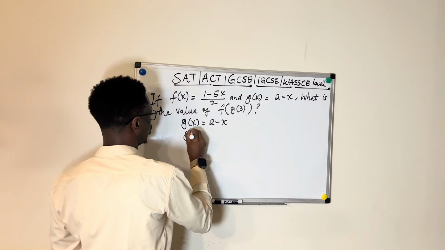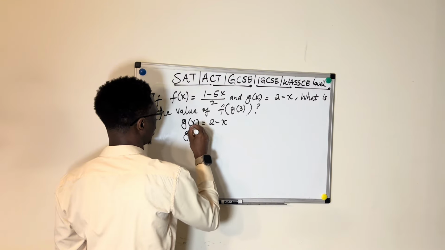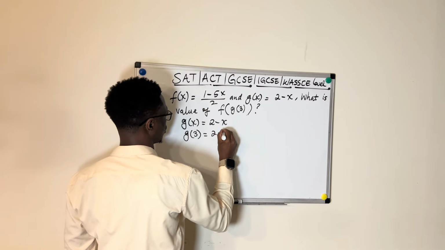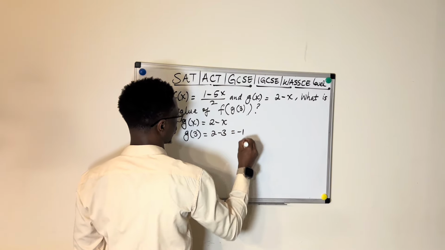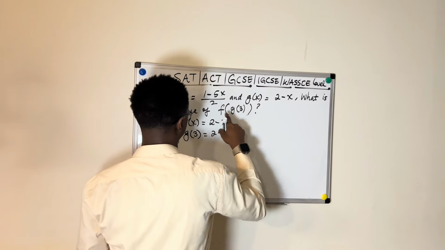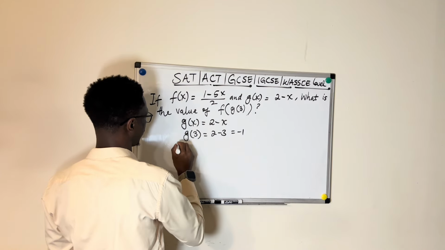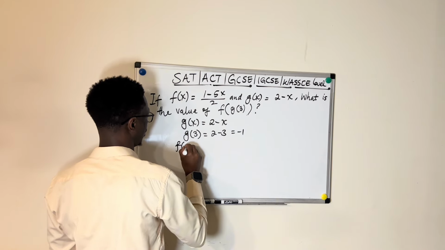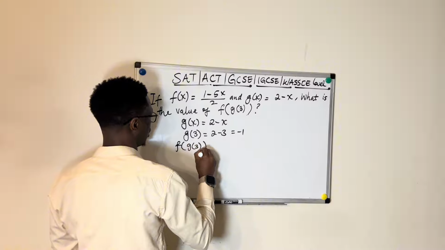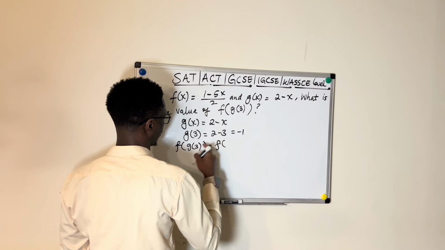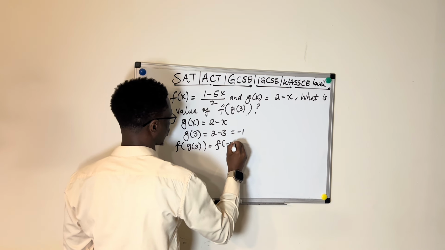So your g of 3 is 2 minus 3. Here your answer becomes minus 1. So the original function, f of g of 3, now becomes f of minus 1.